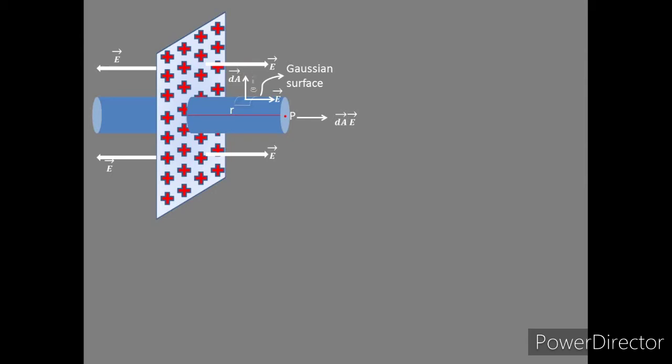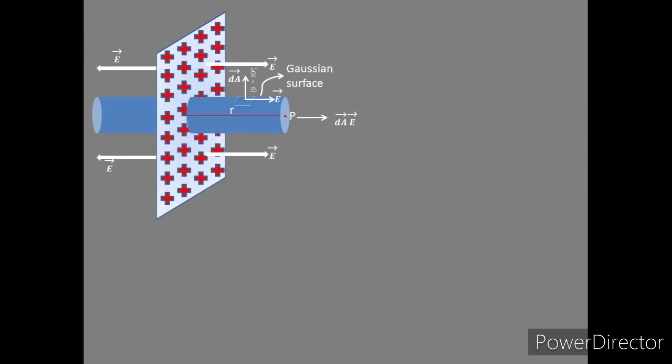These two are perpendicular to each other, therefore the angle between them is 90 degrees. The flux equation involves the scalar product, that is phi is equal to E vector dot A vector, which results in cos theta, therefore no flux will be emanating from the curved surface.